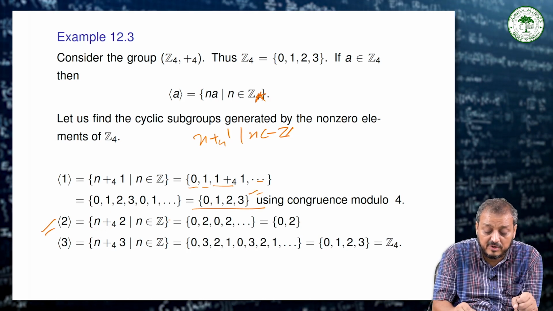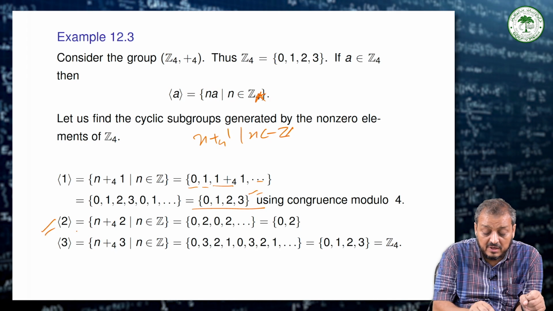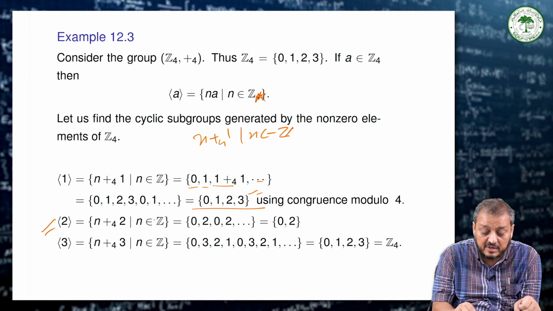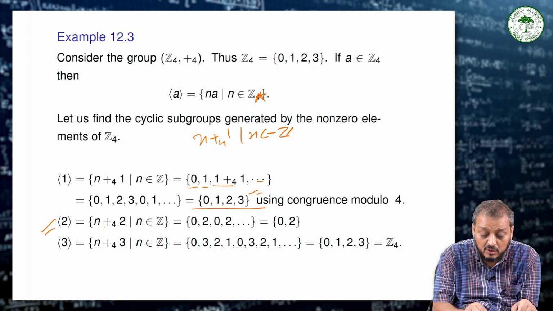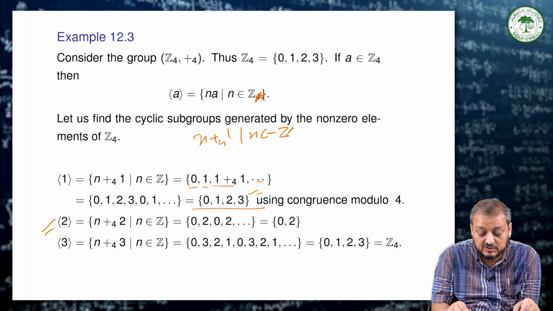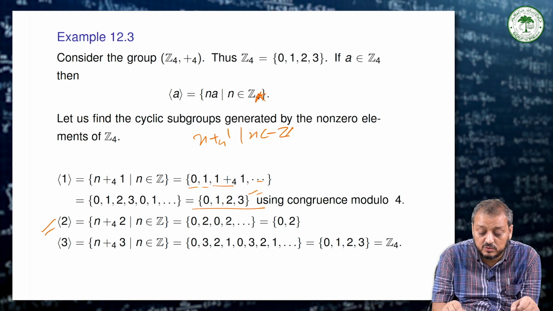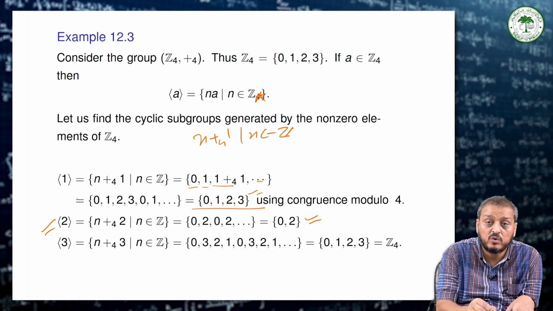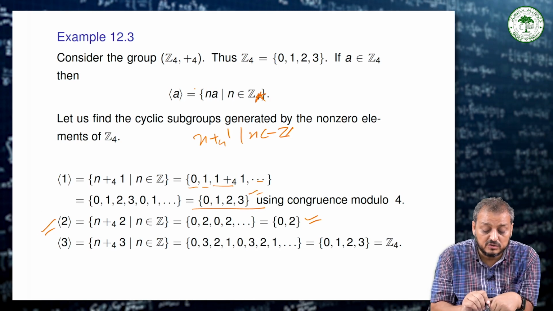If n is an element of Z, taking n equal to 0 we get 0, and for 2n we get 0, 2, 0, 2, 0, 2, so we only get 0 and 2. So clearly 2 is not a generator of this group.